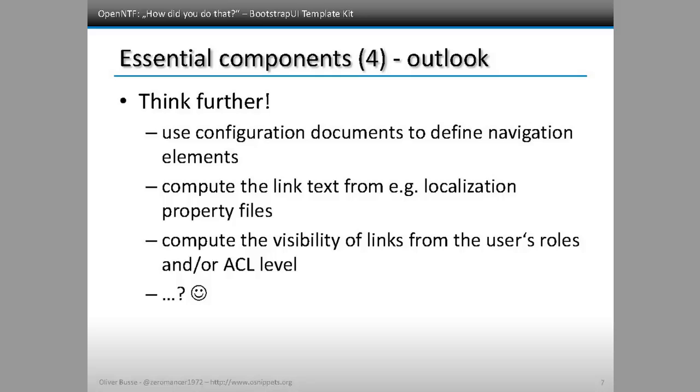You can compute the link text from localization property files or also from notes documents. And maybe you can compute the visibility of links from the user's roles or the ACL levels. If you have any other ideas, let me know.